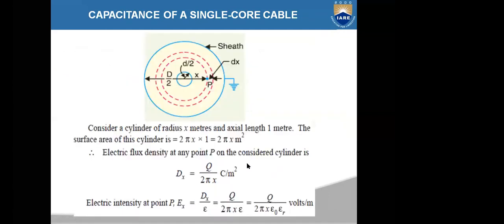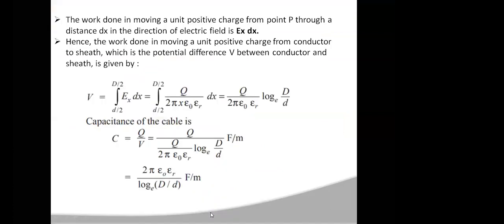And the capacitance. To calculate the capacitance, the general expression is C equal to Q by V. First you have to calculate the voltage, that is the potential difference, and the expression for it is the integral of E dx.